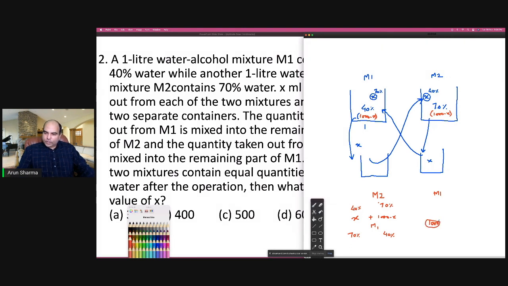So if the quantity of water is equal, the percentage of water is equal. So this can only happen if the ratio is 1:1 in both cases.